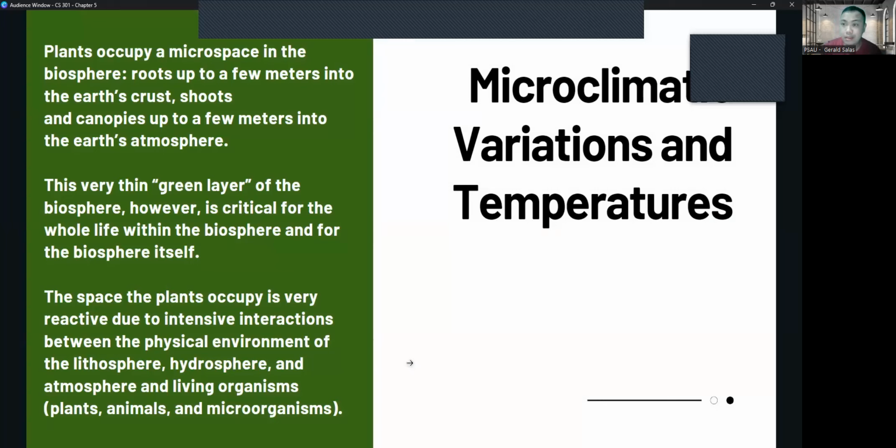Now, the space the plants occupy is very reactive due to intensive interactions between the physical environment of the lithosphere, hydrosphere, and atmosphere and the living organisms. So basically, the space in which the plants or the crops grow interacts with different variables as we have discussed from the previous topics.